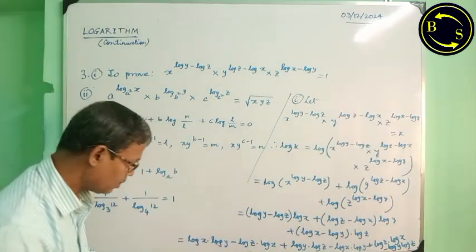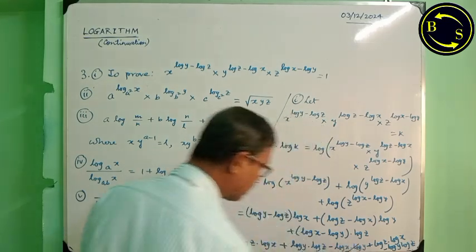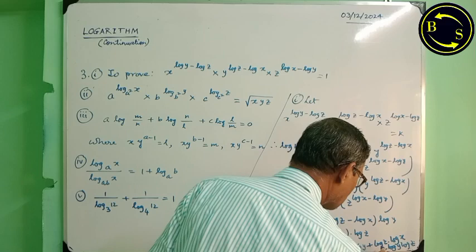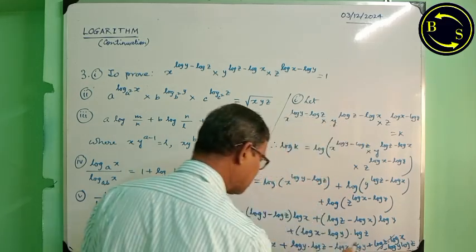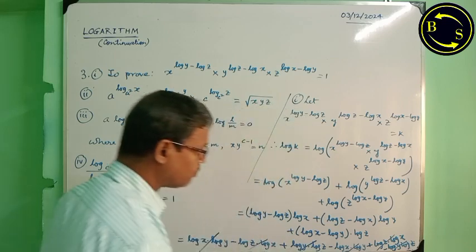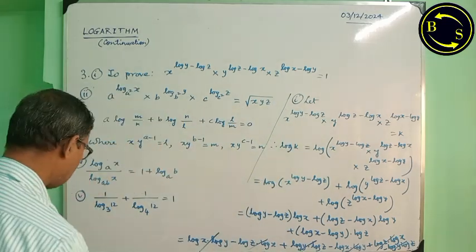Large expression, you see log x log y cancelled, then log z log x cancelled, minus plus, and log y log z cancelled. That means what we get, I write here.